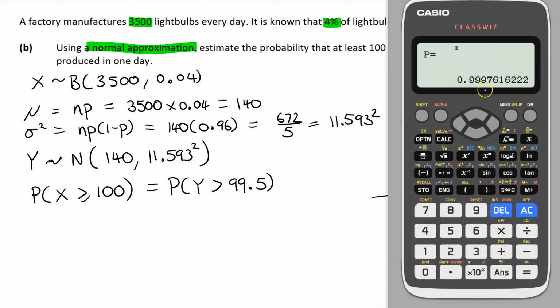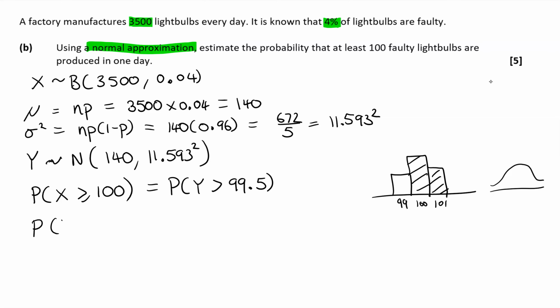I've got to be very careful here. I'm going to put this to 4 significant figures, so 0.9998 when I do that. So very probable, almost certain there. That would be my answer for part B.